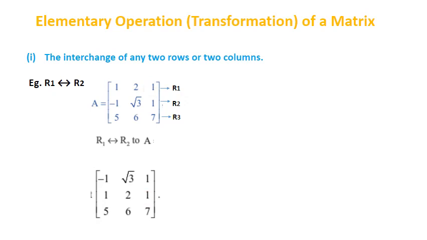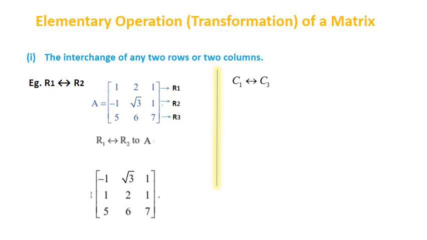In the third row nothing is applied, so it remains unchanged: 5, 6, 7 is here in the third row, and here also 5, 6, 7. So this is the first operation, for example R1 interchange to R2. If we interchange any two rows, the result will be like this.